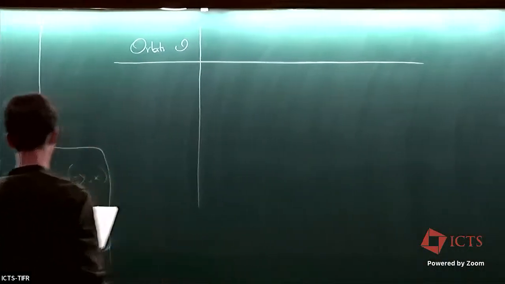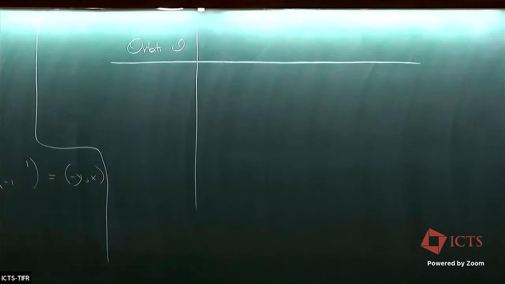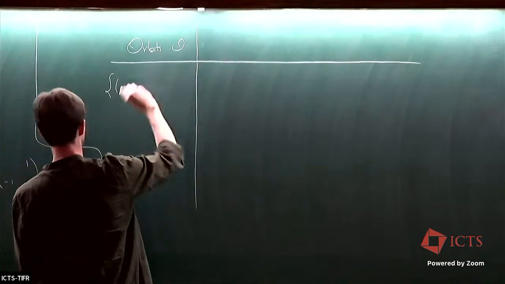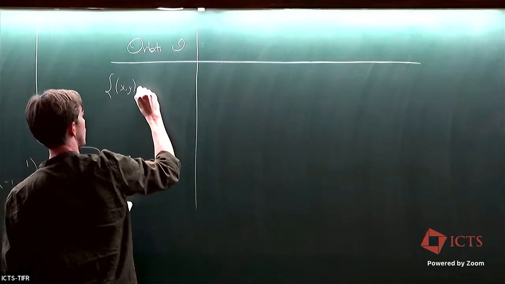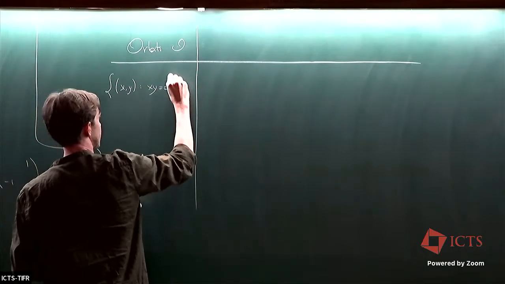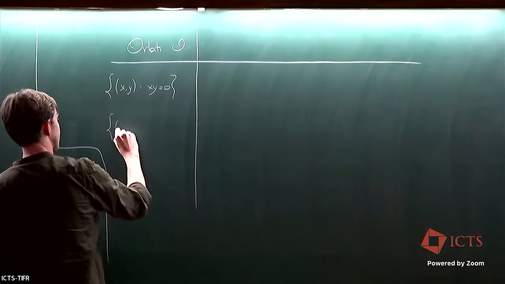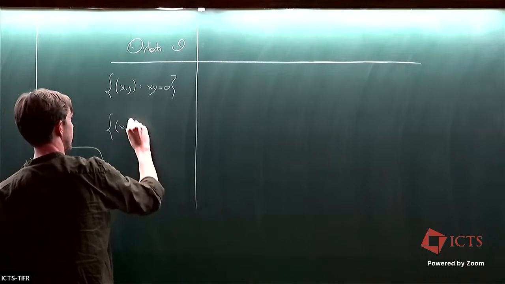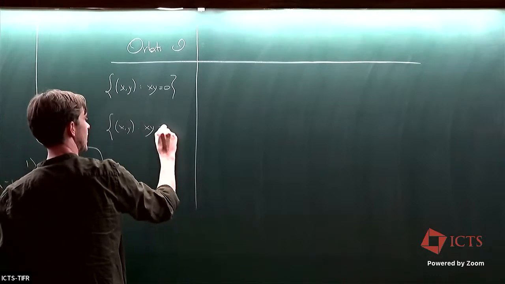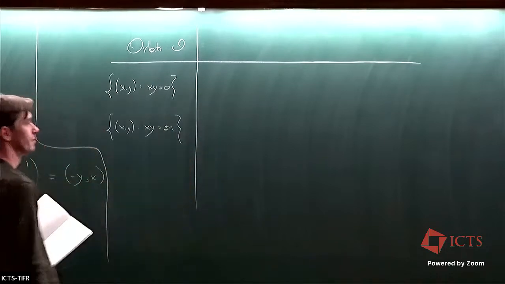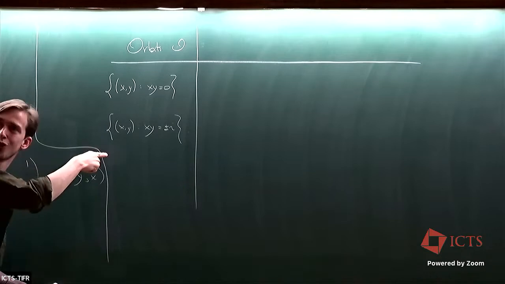So I have two types of orbits, depending on whether the product of the elements in this primitive vector is 0 or not. So that's the first orbit. It's just one by itself. It's (x, y), and x times y is equal to 0. And I also get (x, y), where x times y is equal to some fixed value I, or its negative. So for every I I get an orbit like this.